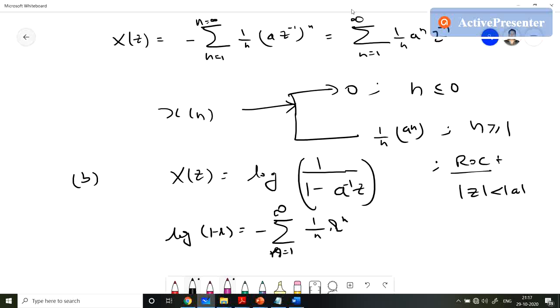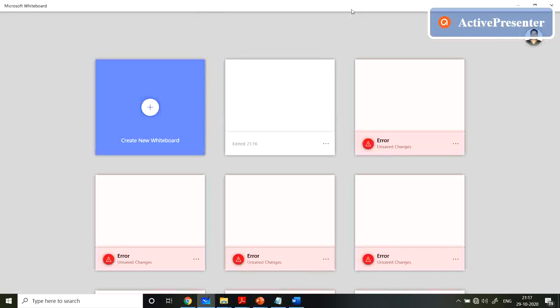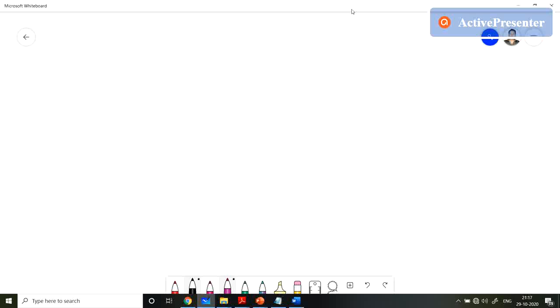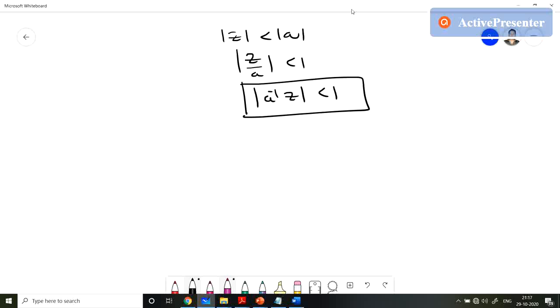We are again applying this formula, but in a slightly different way because the ROC is different. Since modulus of z is less than modulus of a, modulus of z by a is less than 1, so modulus of a inverse z should be less than 1. So this is the condition now.